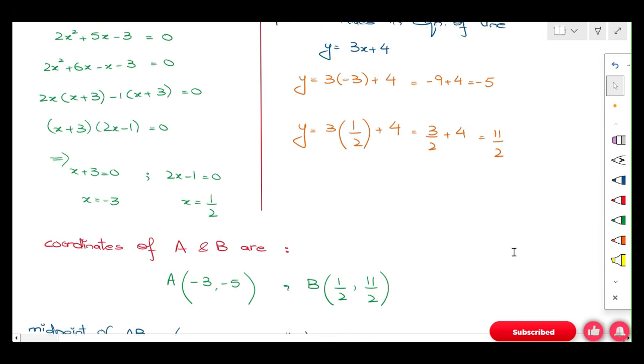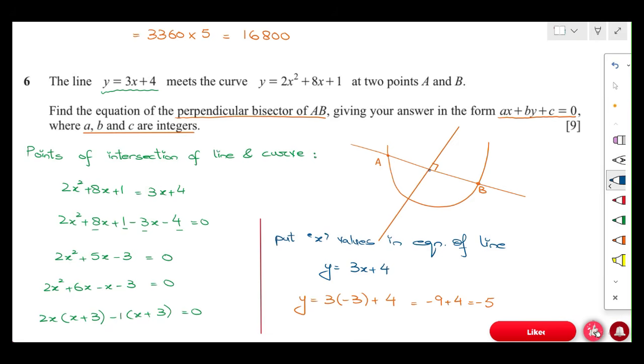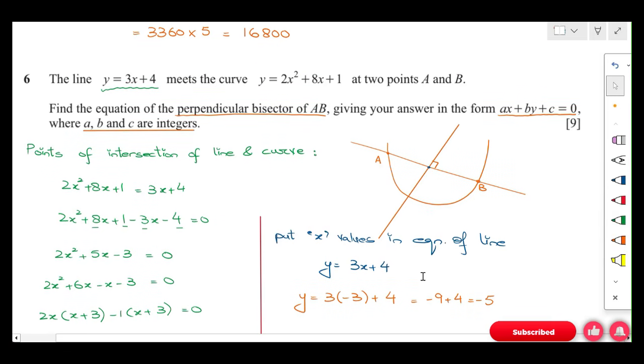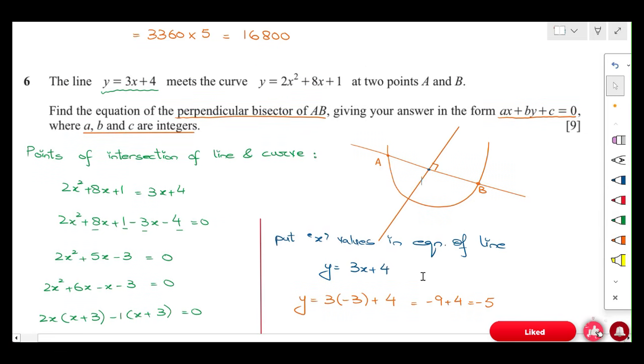So for the perpendicular bisector of the line AB, we need the midpoint of the line AB and we need the gradient of the line AB. This is the line AB, because this line cuts the curve at two points A and B. So this is the equation of the line AB.